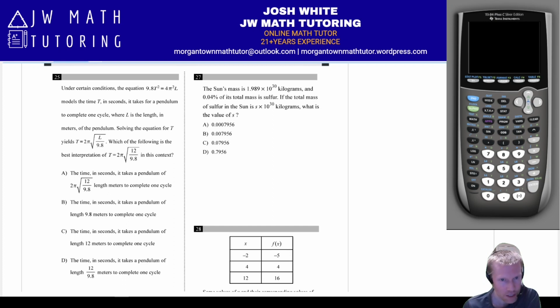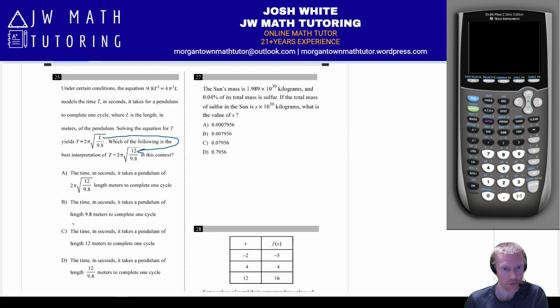So obviously t is the time, so it's going to be the time in seconds. But if you look at all these different answer choices, they're all dealing with length, like the length of the pendulum cycle. And notice that the length was just replaced or substituted with 12.